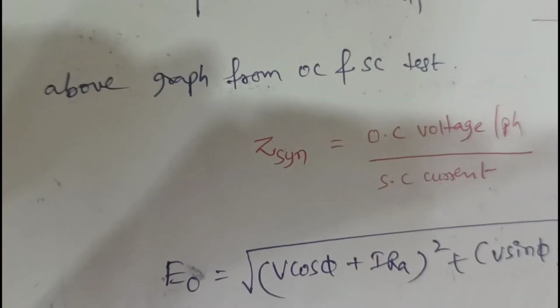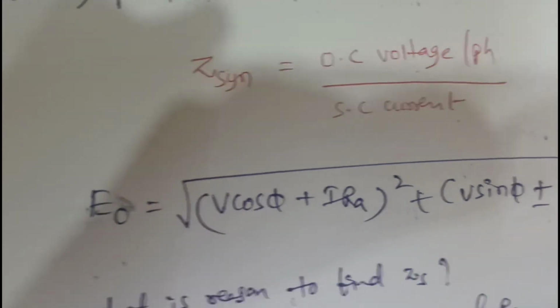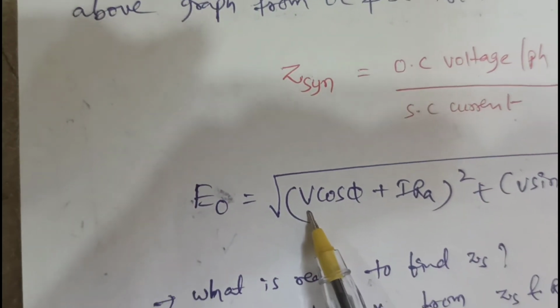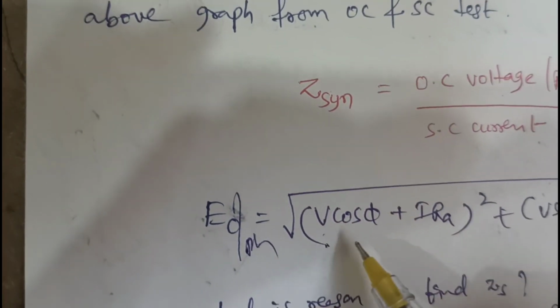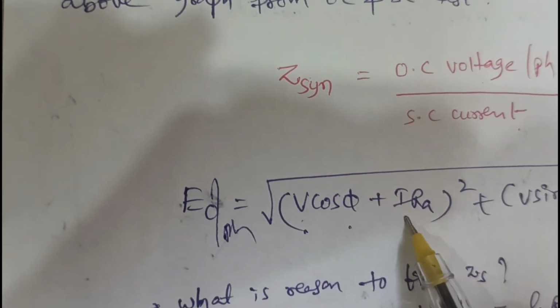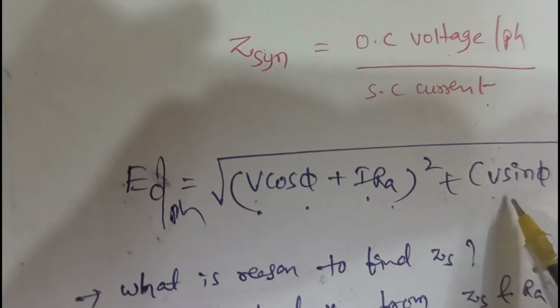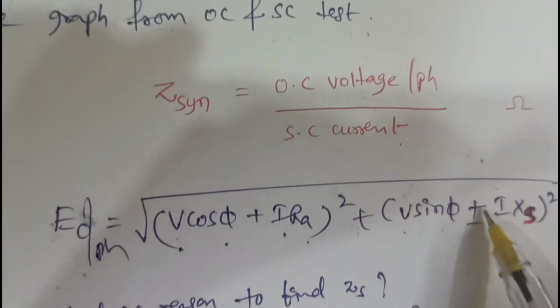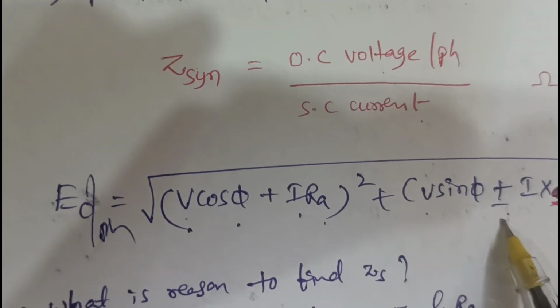This XS is substituted in this formula, E0 per phase equals the phasor sum of V and I into the impedance, where I into XS is included. You know the voltage, you know the power factor, you know the load current value and the RA value, the voltage and sin phi. Plus or minus means plus indicates lagging, minus indicates leading.